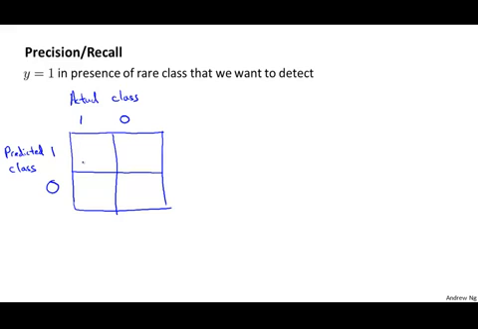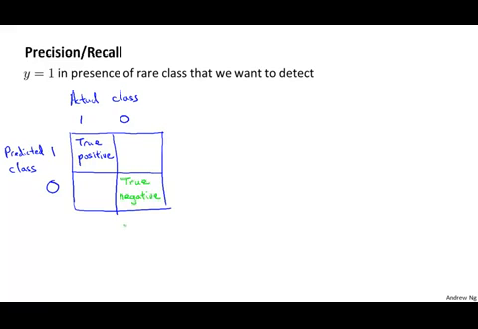If we have an example where the actual class is 1 and the predicted class is 1, then that's called a true positive, meaning our algorithm predicted that it's positive, and in reality the example is positive. If our learning algorithm predicted that something is negative, class 0, and the actual class is also class 0, then that's what's called a true negative.